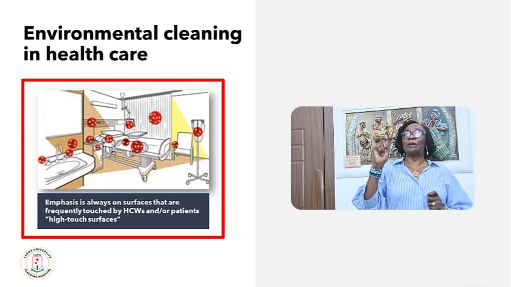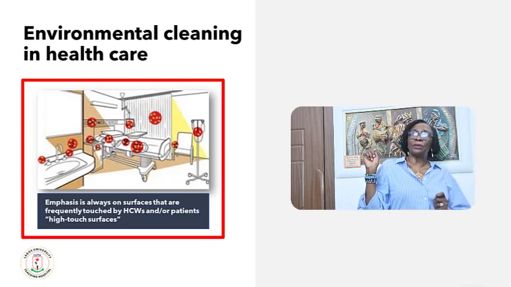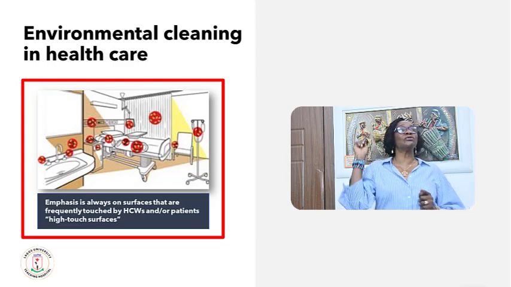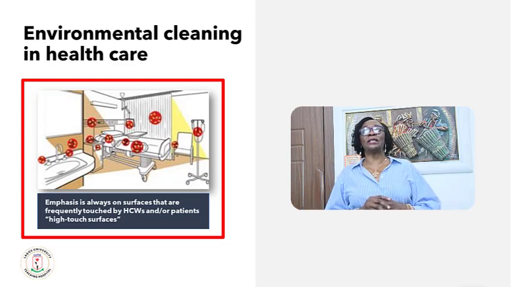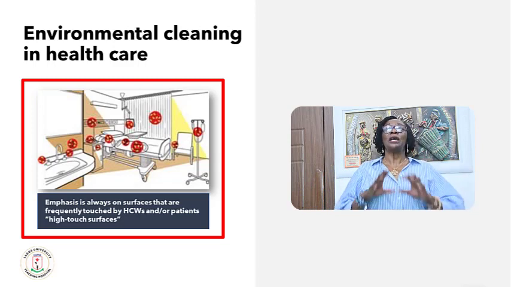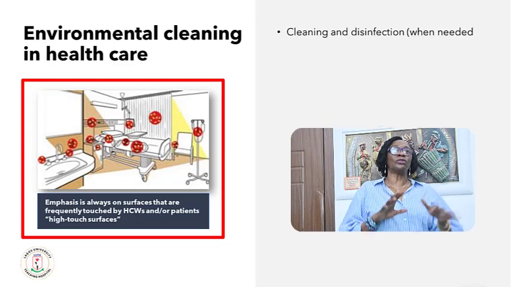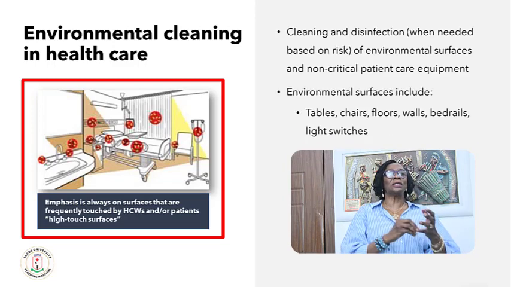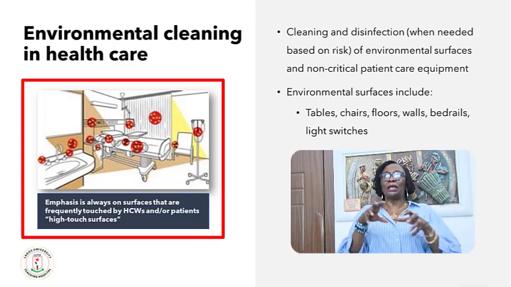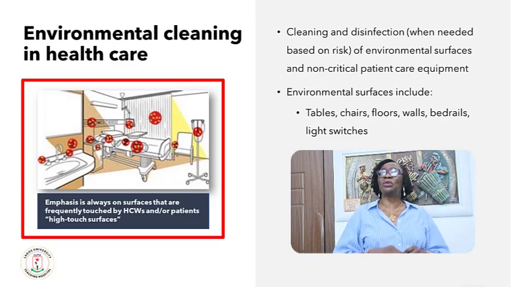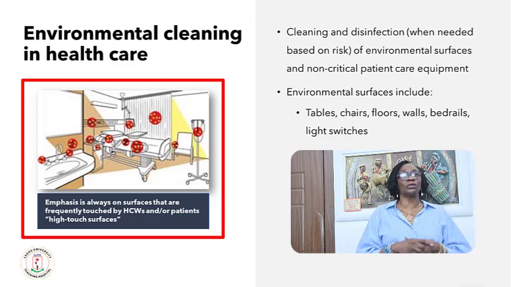For example, the curtain around the patient's bed is always touched by the healthcare worker, so the risk of it being contaminated is high. Any area beside the bed of the patient is often touched. So the high touch environmental surfaces include the tables and the chairs around the bed. But some areas are not high risk, like the ceiling and the window sill. Nobody's going there to touch them.